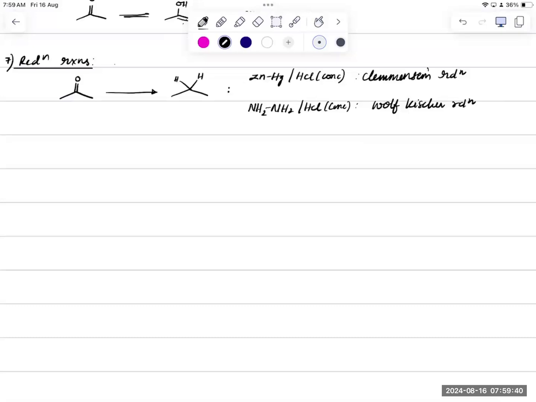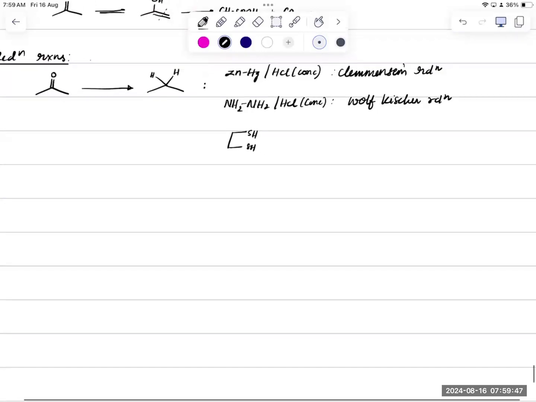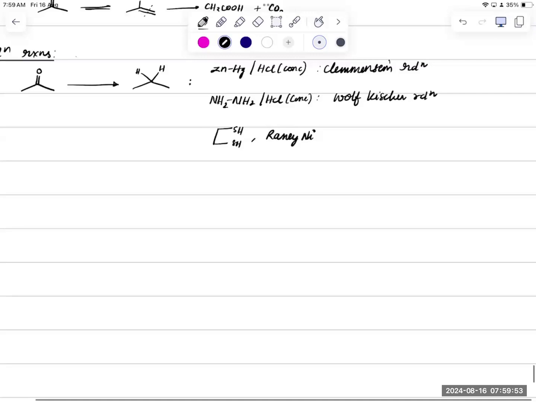Or we can take thioglycol followed by Raney nickel, and this is called Mozingo's reduction.